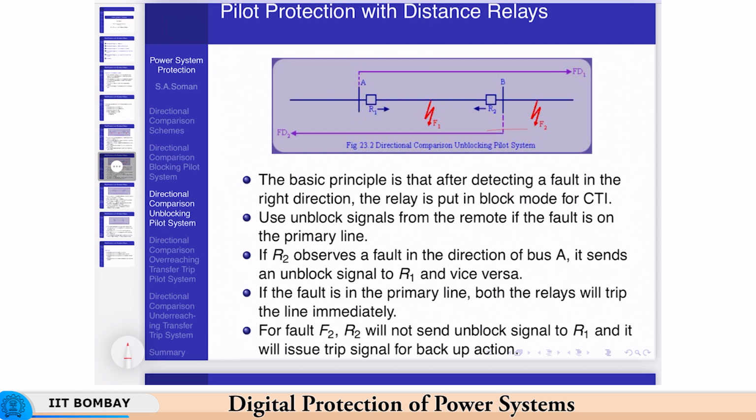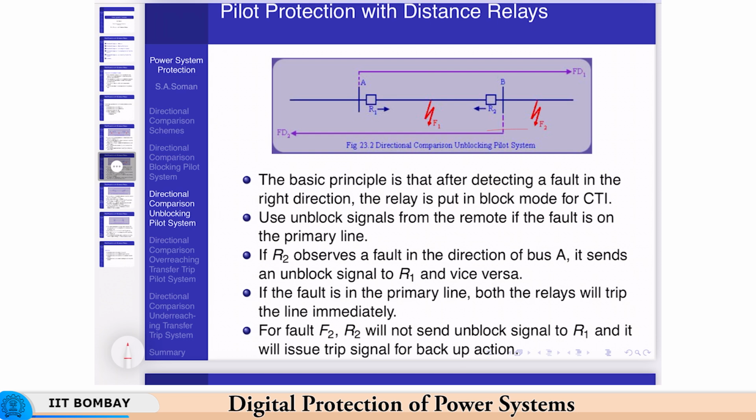Okay. So only if the fault is on the primary section of the line, then an unblock signal is sent to the remote end. So, if there is a fault at F2, then FD1 will pick up, but because FD2 has not picked up, there is no unblock signal sent to R1. However, if there is a fault on the line, then FD1 picks up and FD2 also picks up.